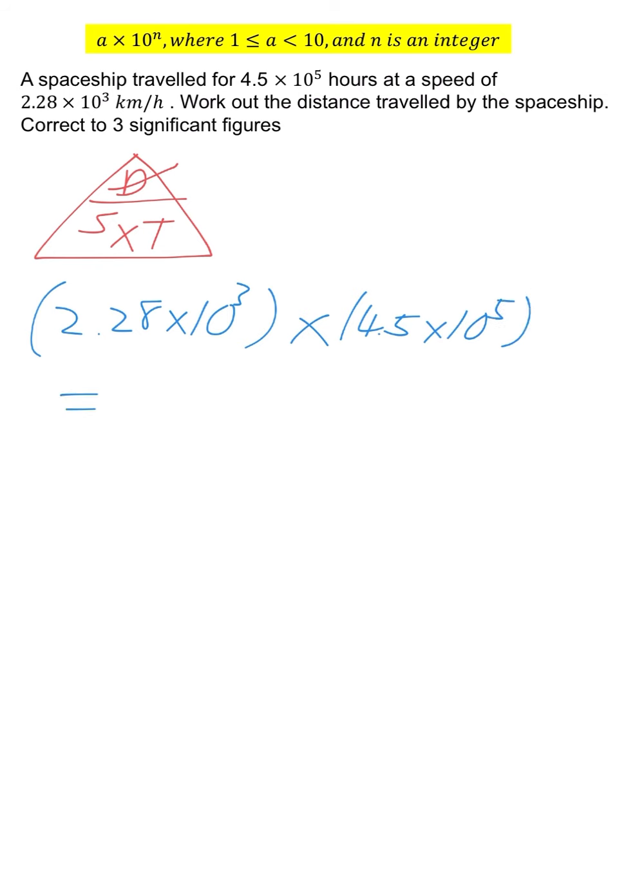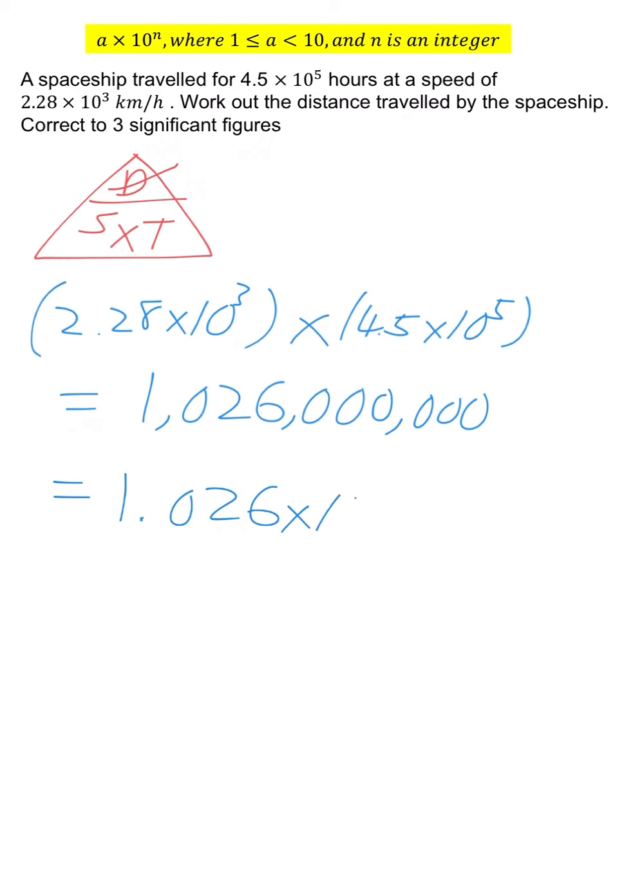So putting all this straight into the calculator, and this will give us 1,026,000,000. So now let's put this in scientific notation. So this will be 1.026 times 10 to the power of, so counting in, power of 9.